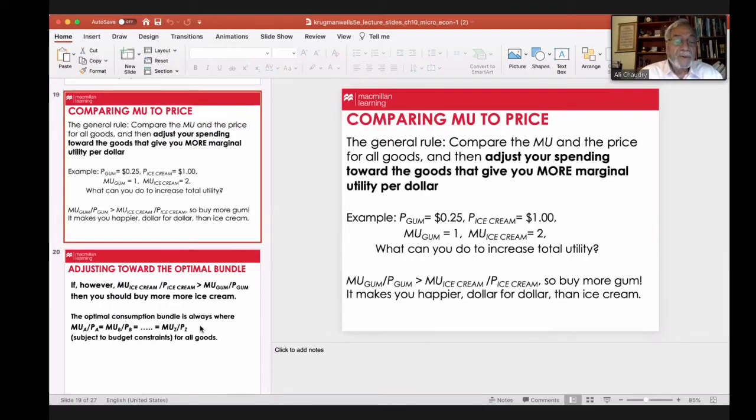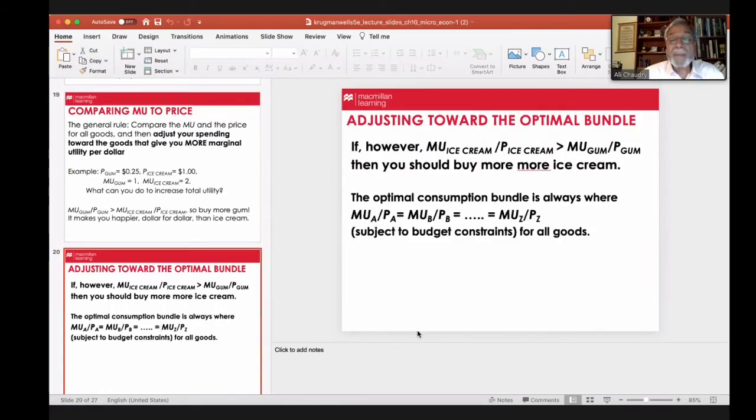So we generalize that by saying that if you only had two products, gum and ice cream, and the marginal utility of gum divided by the price of gum is greater than the marginal utility of ice cream divided by its price, you would prefer gum. But if it is equal, then you prefer them equally. So to reach an optimal bundle of all different items, this is the rule that we use. And this actually comes up in some of the questions you will find.